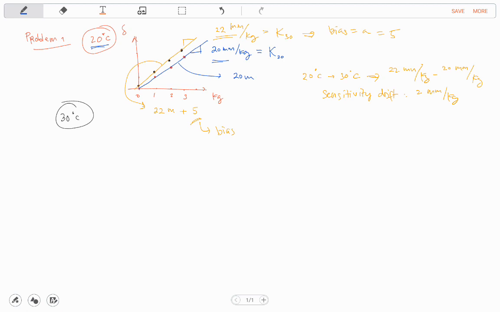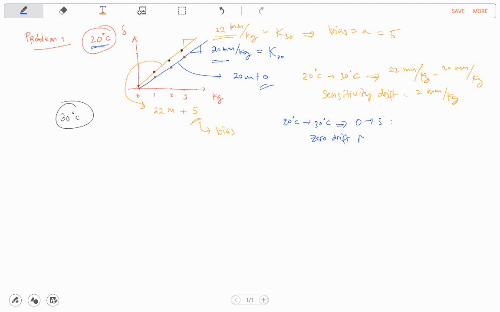And then the next one, what we can identify from here, definitely there is a zero drift from 20 degrees to 30 degrees Celsius. Initially the zero is at 0 at 20 degrees Celsius, so there is a zero drift from 0 to 5.